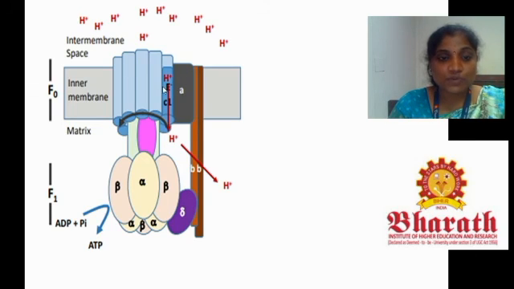As they are loaded, the C subunit moves in a counterclockwise direction. As the C subunit moves counterclockwise, it also moves the axle. This axle in turn will move the F1 domain.